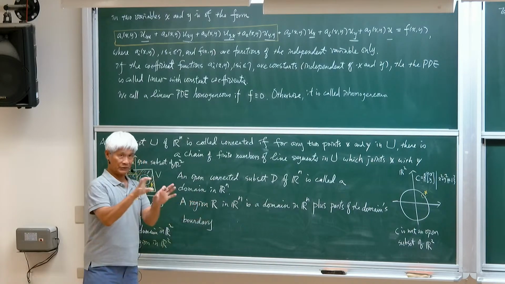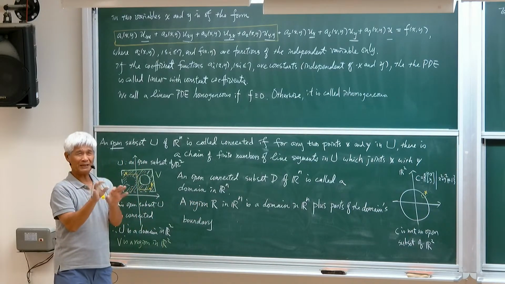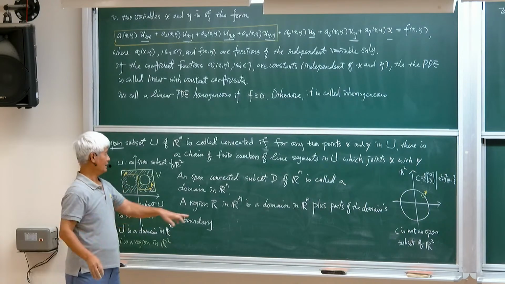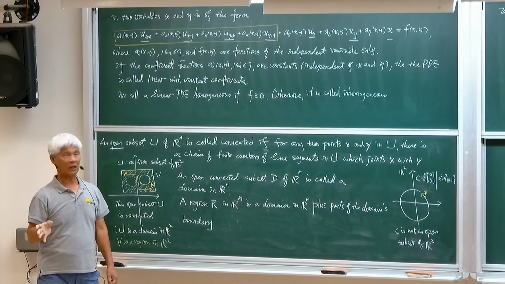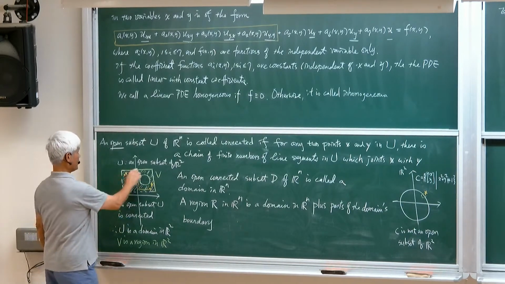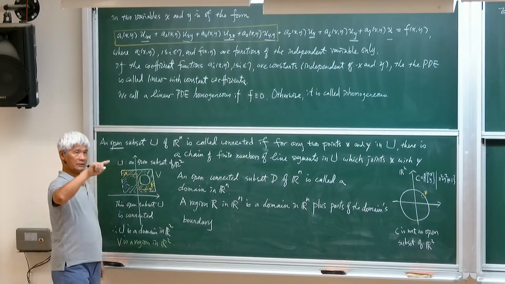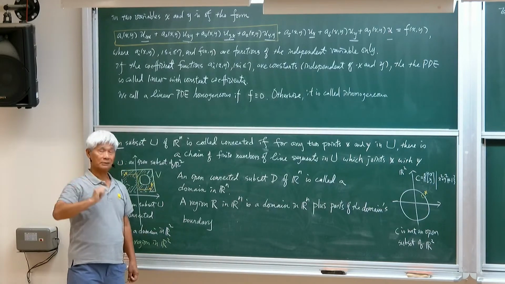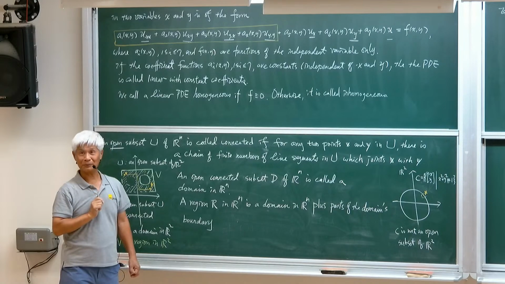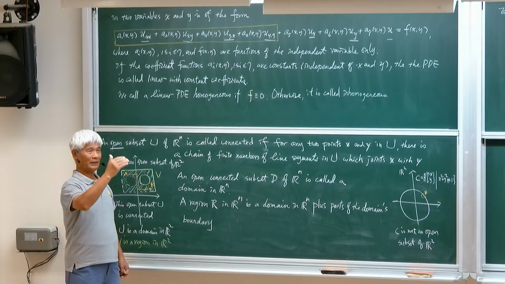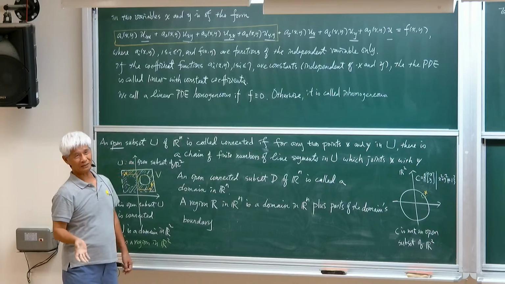If you pick a boundary point and construct an open ball centered at it, then part of the open ball will be outside of the region.